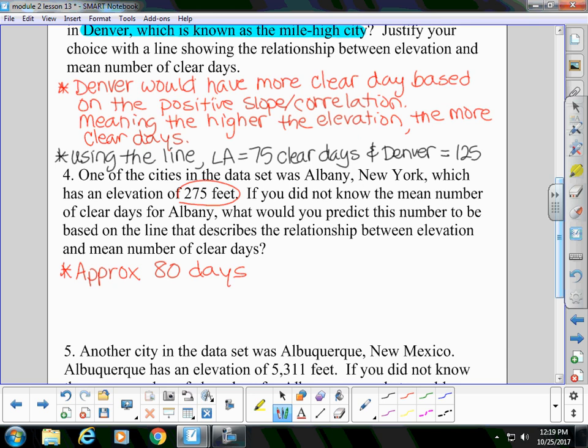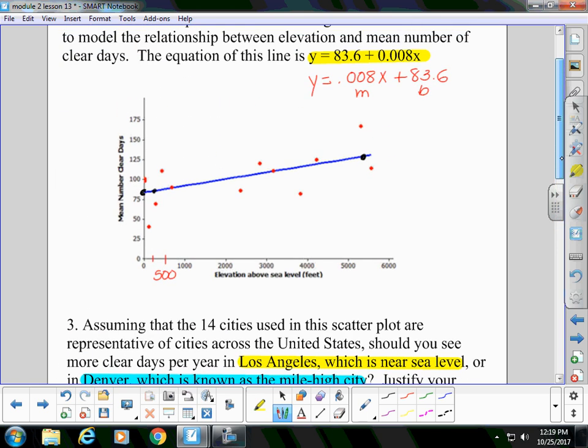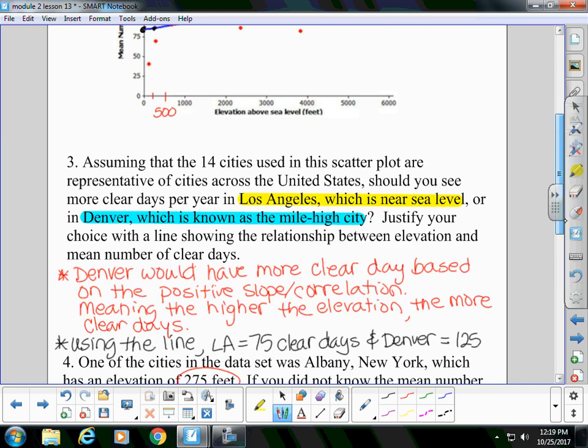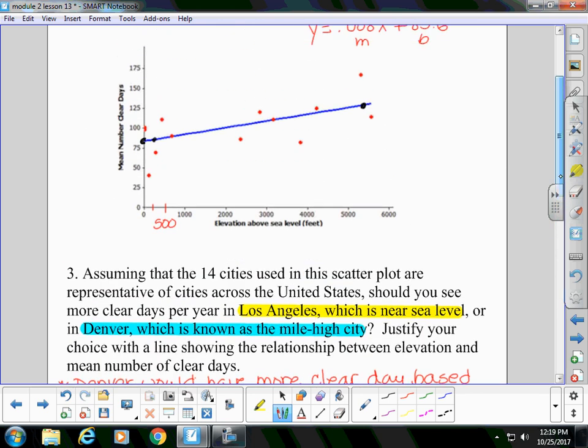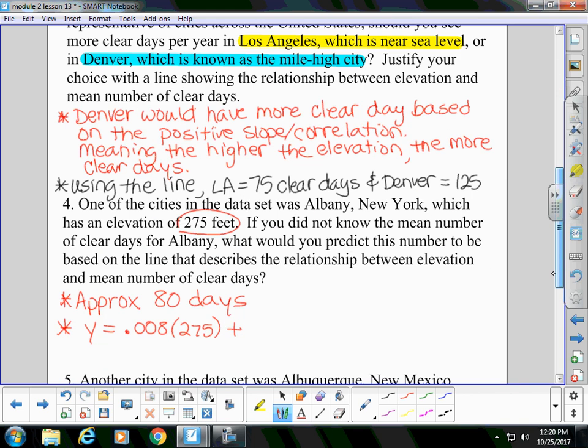Another way that we could find that out would be to actually use the equation. So putting it in my calculator, I say y equals, because the equation is also the line, 0.008 times 275 plus 83.6.